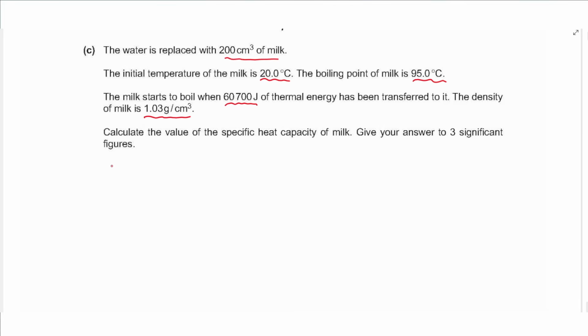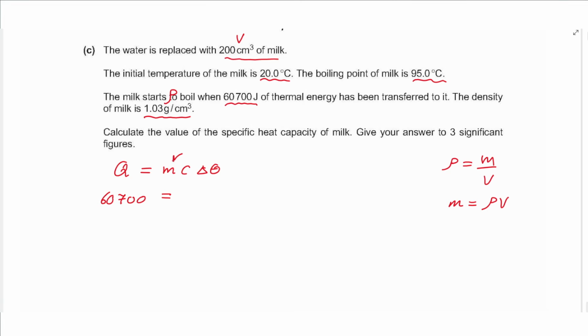We should be able to use the equation Q equals mc delta theta, or delta T. Q is the energy, which is 60,700 joules. M is the mass of the milk, but we do not have mass. We have volume and we have density, but we already know that density equals mass over volume, so mass should be equal to density multiplied by volume.